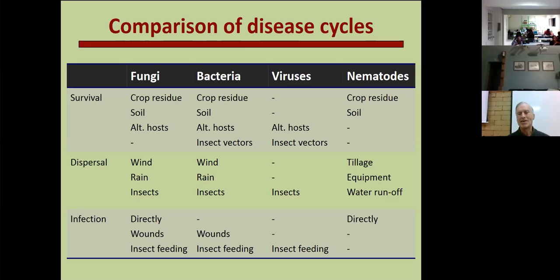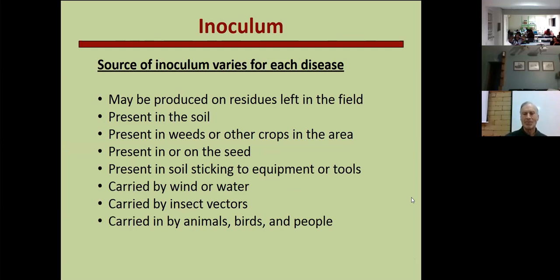They could even go from one place to another in the soil that's stuck on your boots as you're walking around your farm. And they can also be moved by water running through the soil or across the surface of the soil. And they always infect the plant by directly burrowing into it or biting it.